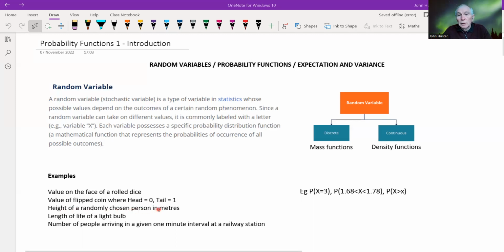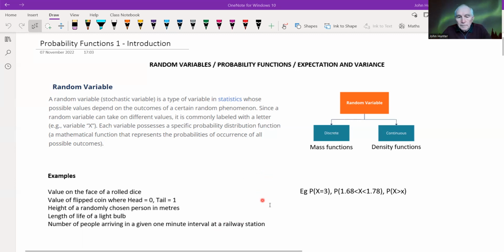So we pick someone on some basis, somebody in the street, or we put all the names in a hat, pull somebody out and measure them. The length of life of a light bulb, an interesting one. And the number of people arriving in a given one-minute interval at a railway station. Again, that could be small, could be large, could be 3, could be 50.